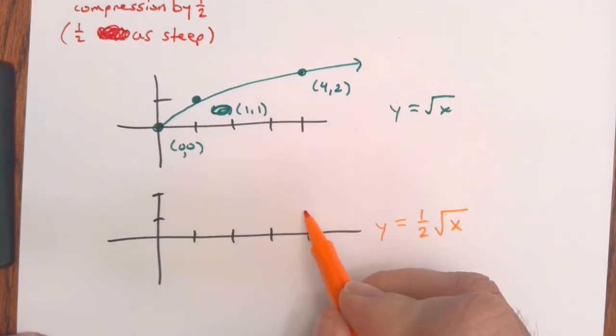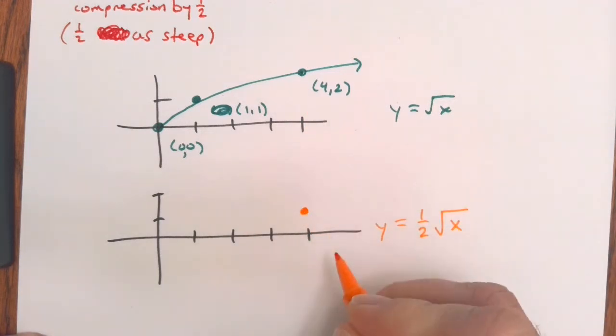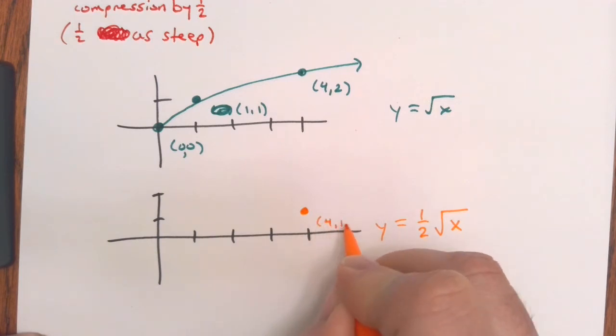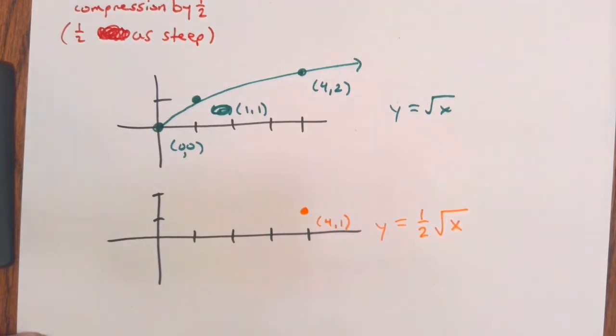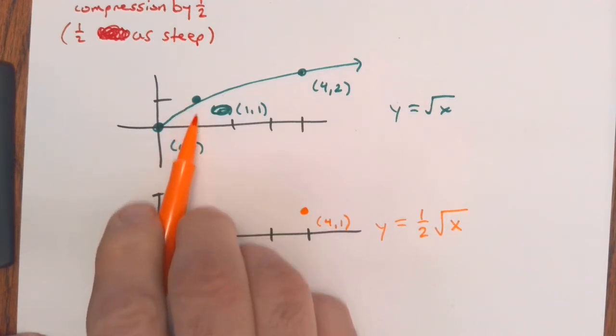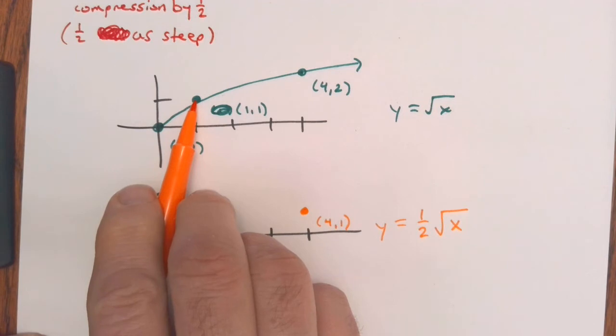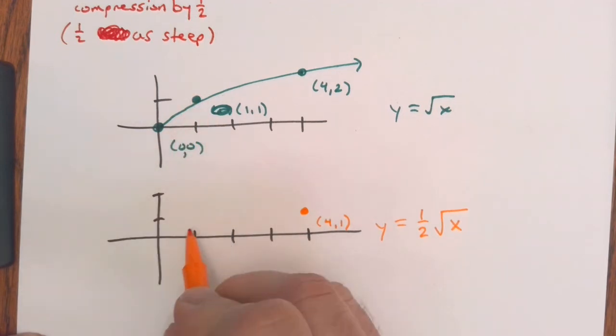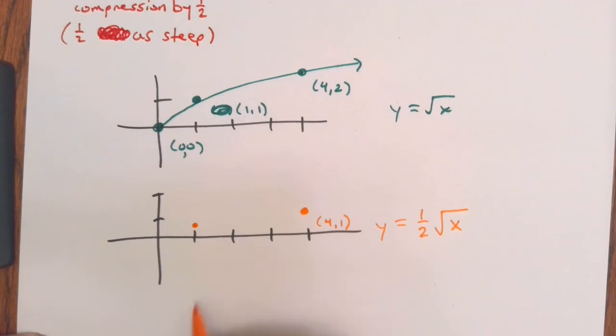So 4, 1 is going to be one of the points on our graph after we do the compression by 1/2. This point here is the point 1, 1, and it is a height of 1 up above the x-axis. If we do half of that, that would be at a 1/2. So another point that is going to be on our graph is 1, 1/2.